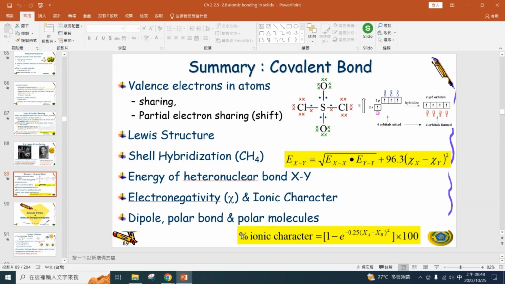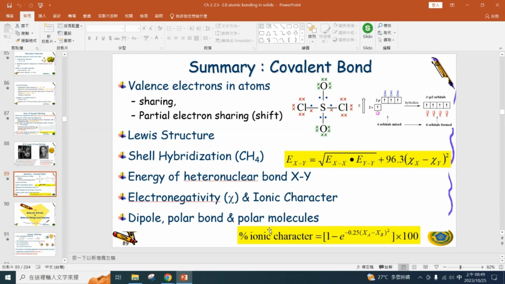You need to understand that. And finally, we talk about dipole, polar bond, and polar molecules. You need to be very clear with these 3 terms: dipole, polar bond, and polar molecules. This will be the question of our Kahoot today.